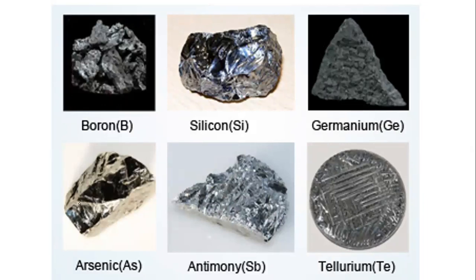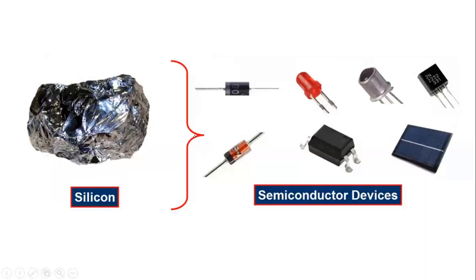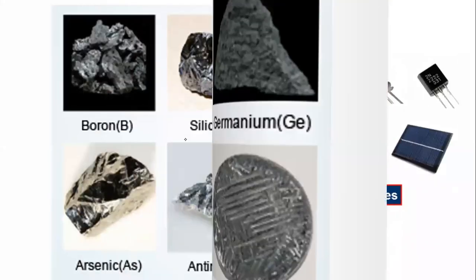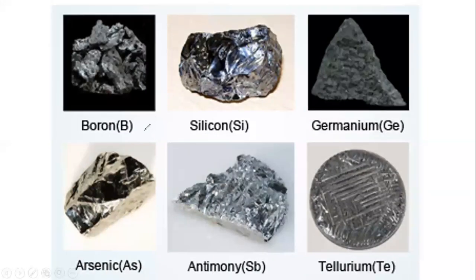Boron, silicon, germanium, arsenic, antimony. Tellurium is not necessary. You remember boron, silicon, germanium, arsenic and antimony.